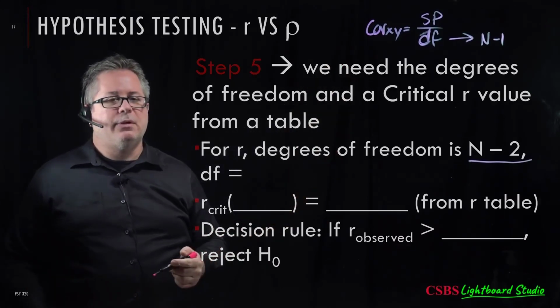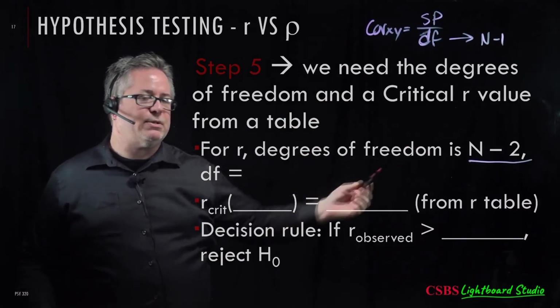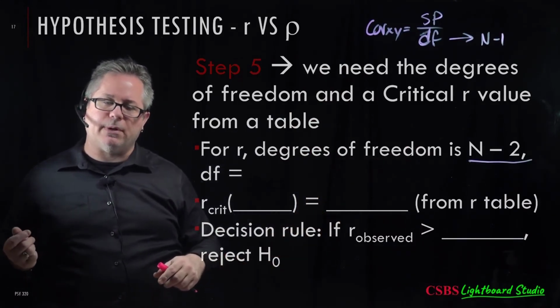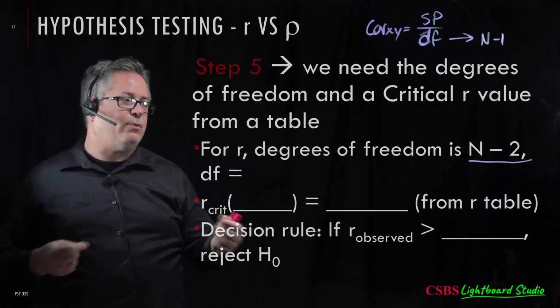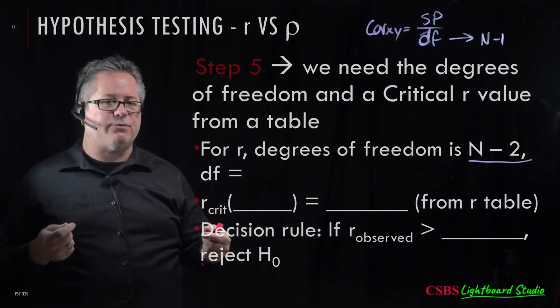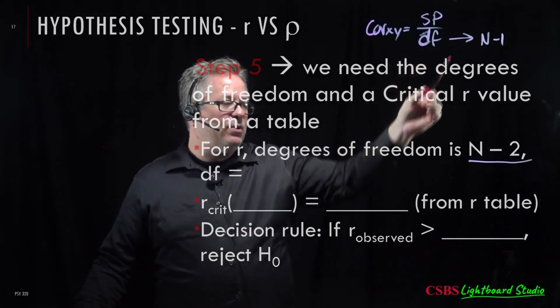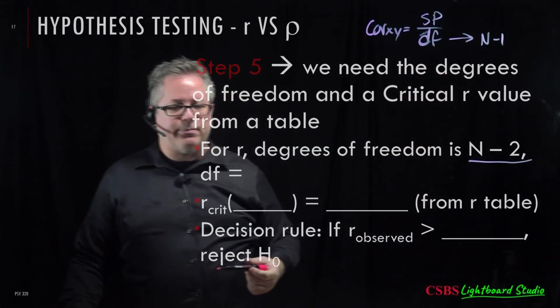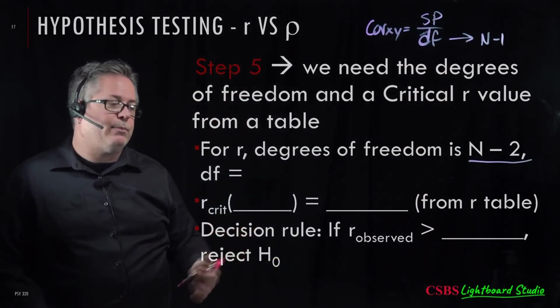So we look up the degrees of freedom in a table with n minus 2 because we lose one degree of freedom for the mean of x and one degree of freedom for the mean of y. So we end up losing 2 degrees of freedom instead of just 1. Even though we're dividing by n minus 1, we look up the critical value with n minus 2. It's a bit confusing, I understand. That's just how it is.